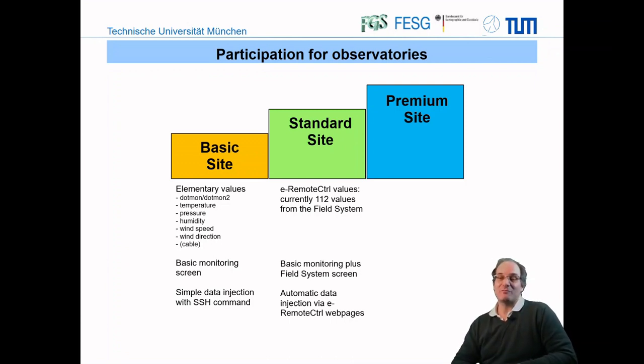You have this automatic data injection, therefore you need a direct tunnel between our system and your system, which is continuously open and which fetches the web pages, and the web pages are then read and parsed so that the data are injected automatically.